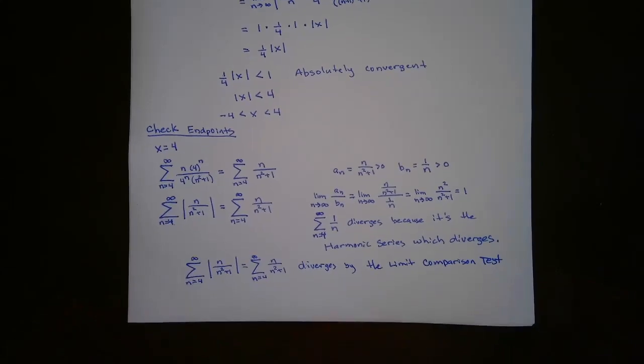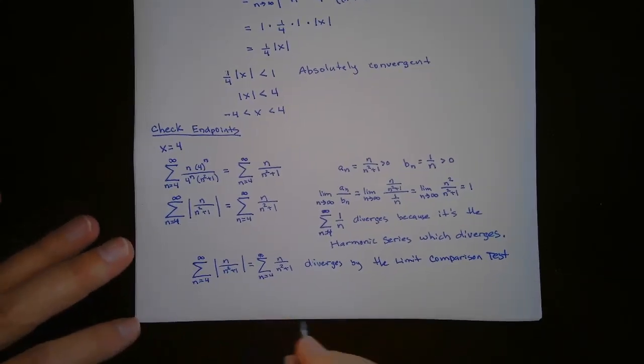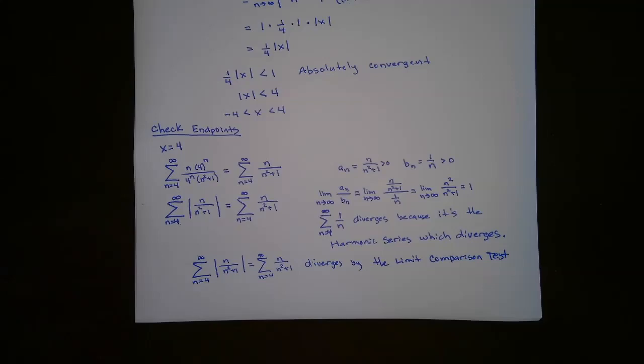Okay, so we now have established that at x equals 4, this series is not absolutely convergent and it's not conditionally convergent, it's actually divergent, okay?